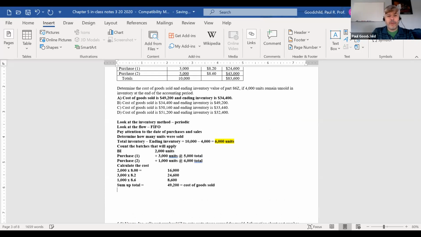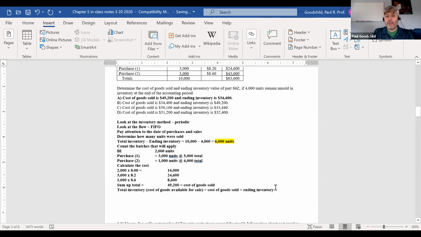Remember that your total inventory can be broken out into 2 parts. It equals your cost of goods sold plus your ending inventory. We also call this the cost of goods available for sale.